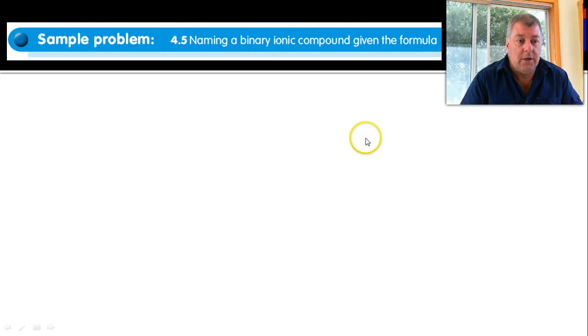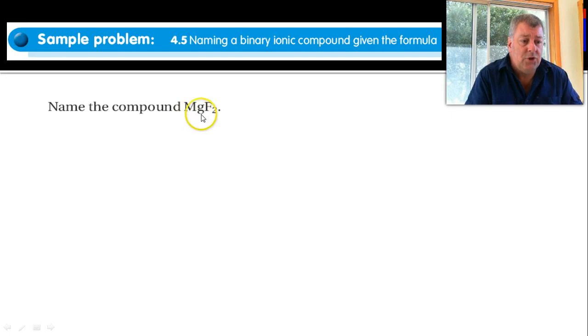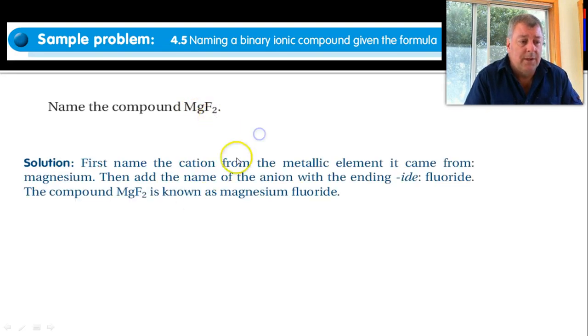Now, naming a binary ionic compound given the formula. So we have to go the other way as well. If we're given the formula MgF2, what is its name? Well, the simplest thing is the first letter is the cation, and that's the metallic element. And so that's going to be magnesium. That's why we need to remember our periodic table.